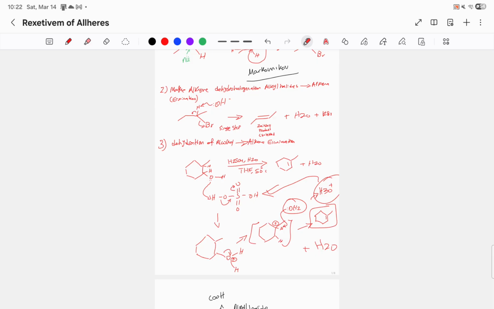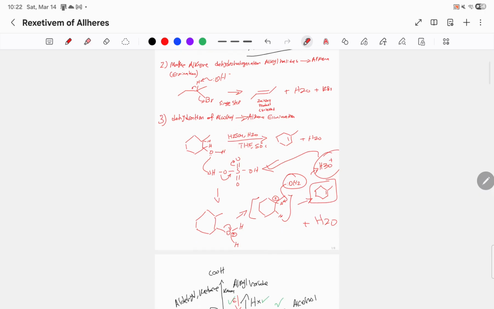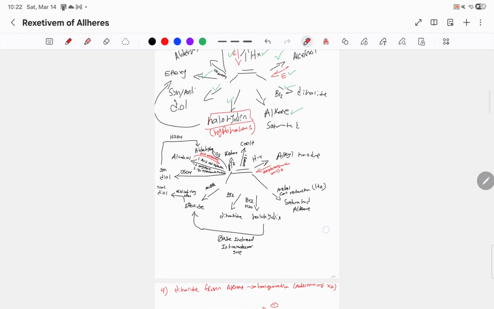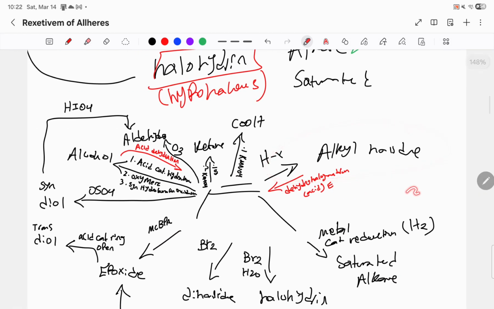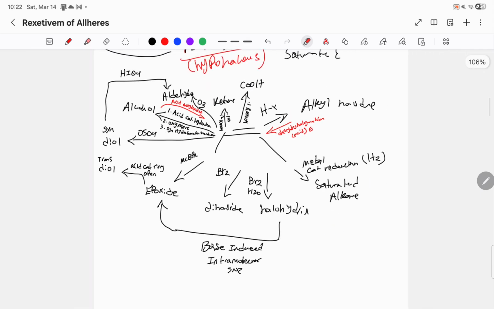Strong acid catalyst is required, and concentrated acid at high temperatures. But over here, it is small or catalytic amounts of acid required for dehydration. So that's actually important. And the same goes for the alkyl halide, right?